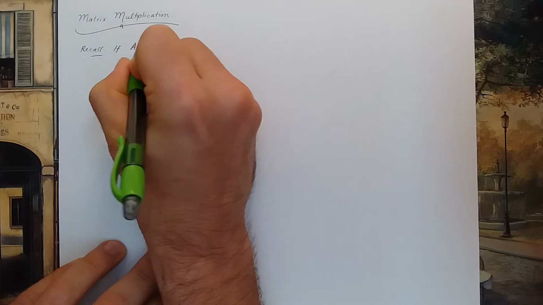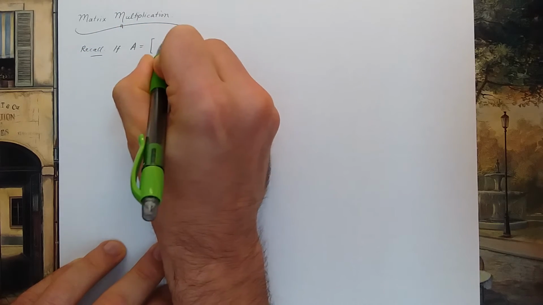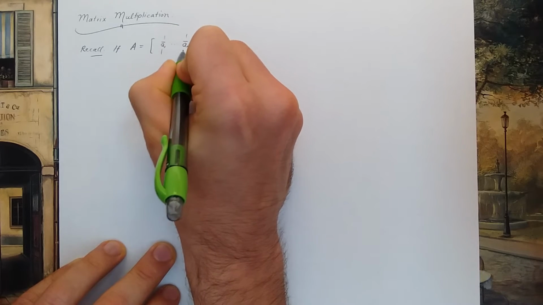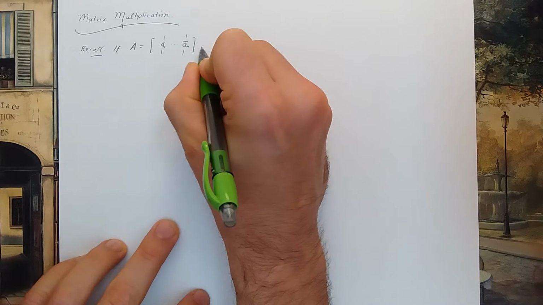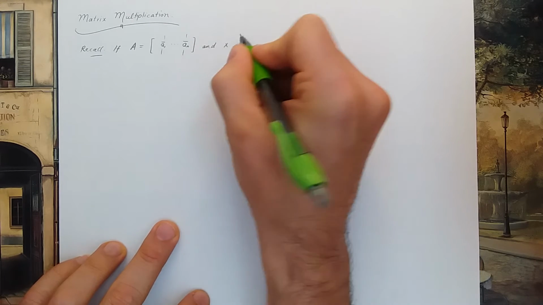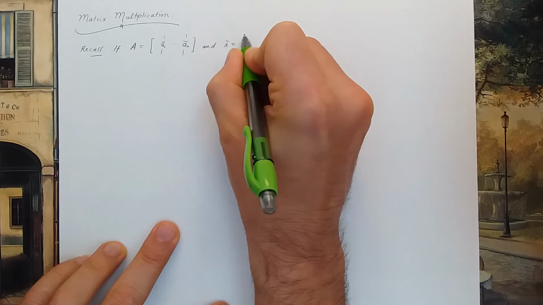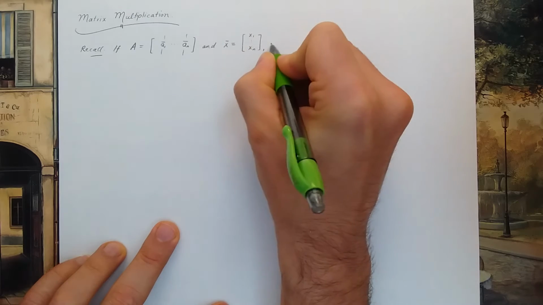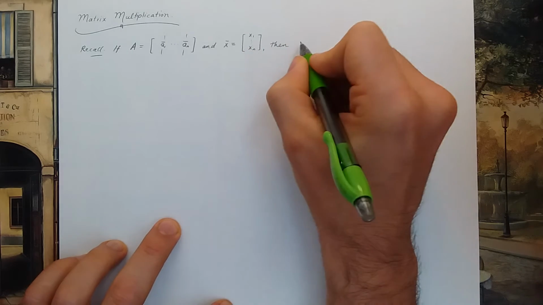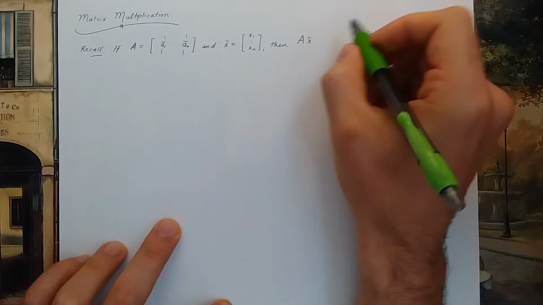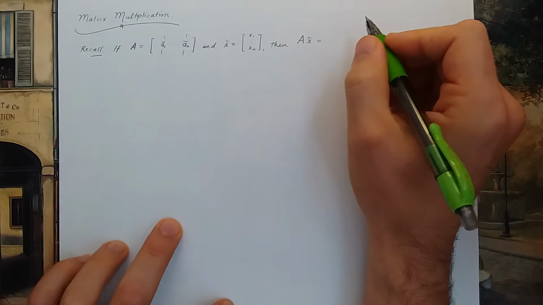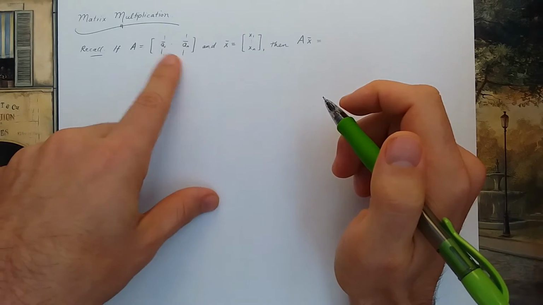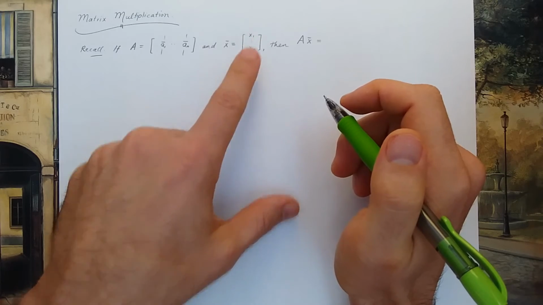So if your matrix A has columns A1 up through An, so it has n columns, and your vector x has n components, then we define matrix multiplication A times x to be the column vector that you can create by multiplying the columns of A by the constants in x.